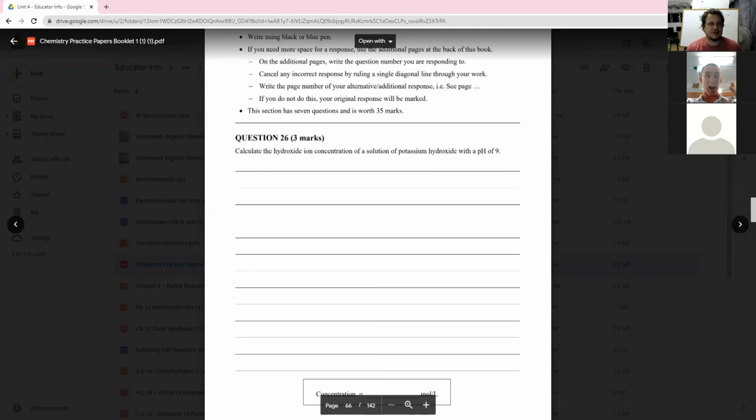We need to know the hydrogen ion concentration. So the pH is the minus log of the H plus concentration. The H plus concentration for a pH of 9 is 1 times 10 to the power of minus 9 moles per liter.